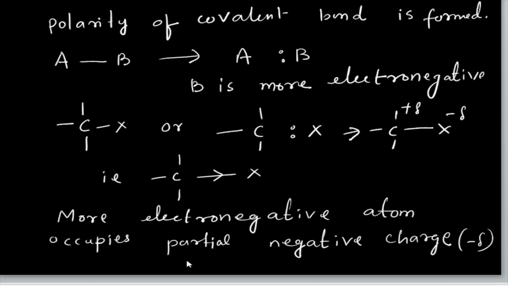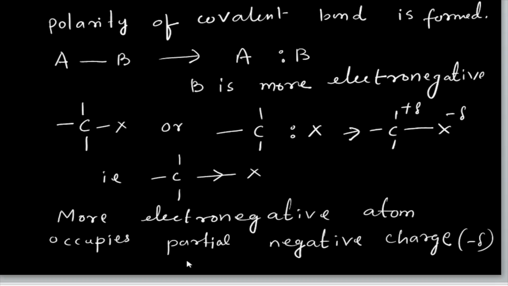Now you can see B is more electronegative, as I told. That is why the pair of electrons moves towards B, but B cannot receive the two electrons 100%; it is only partially towards B, because B is more electronegative.